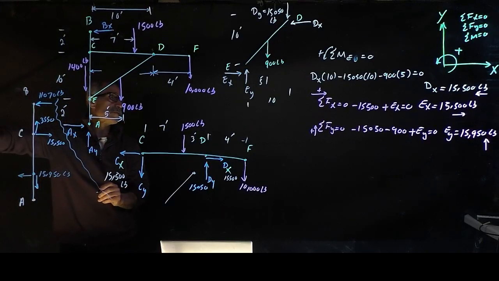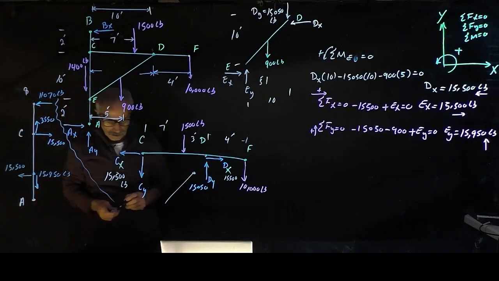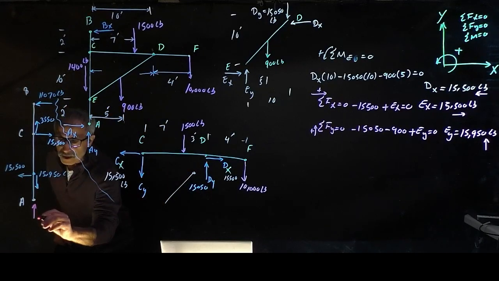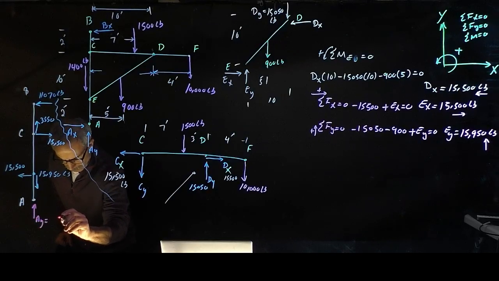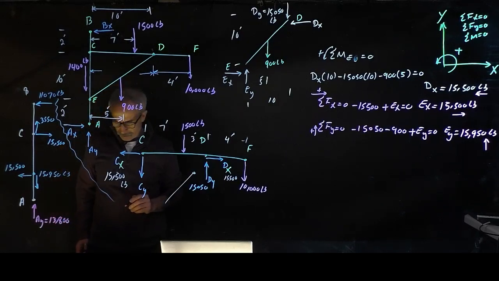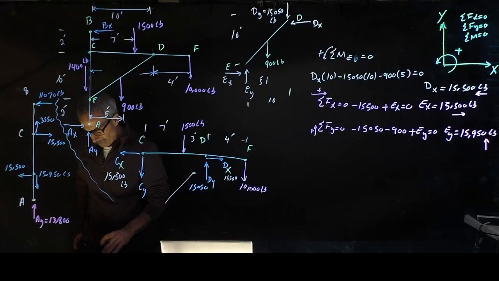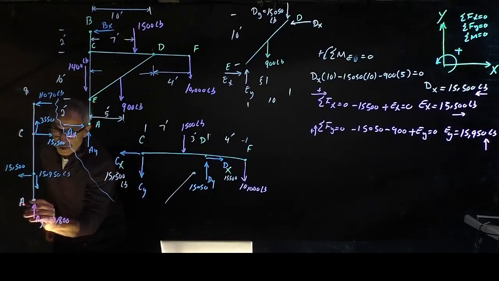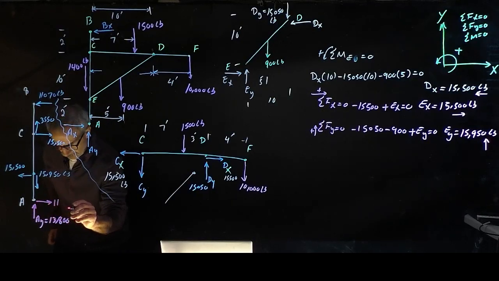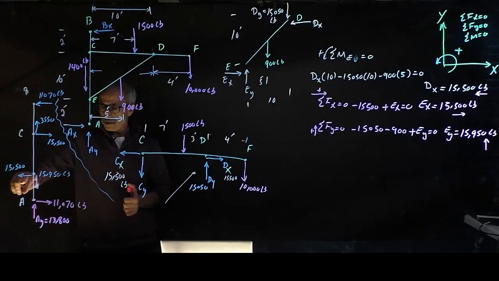And our EX came out to be 15,500. And AY came out to be 13,800. And this one came out to be 11,070 pound. So the only unknown we have is, they're all there actually.